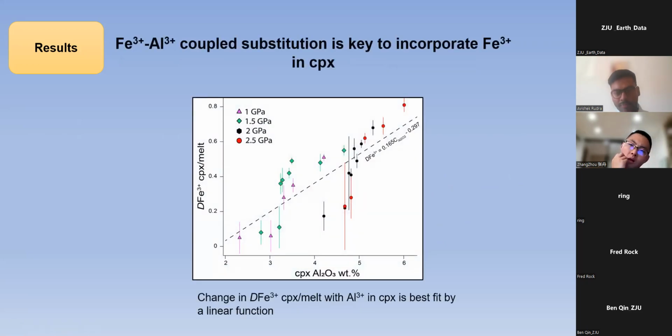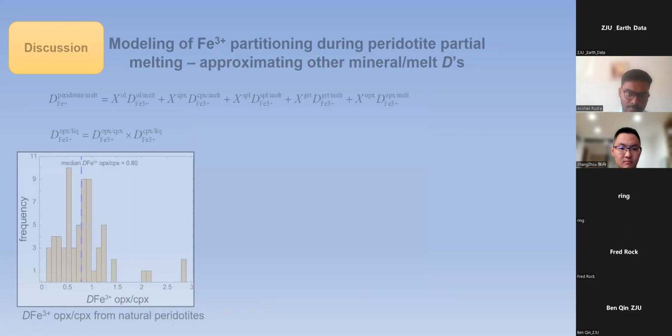Nonetheless, we fitted the correlation between ferric iron partition coefficient and CPX aluminum with a simple linear regression, and then we used it to model the ferric iron content of the basalts that would be generated by partial melting of peridotite.